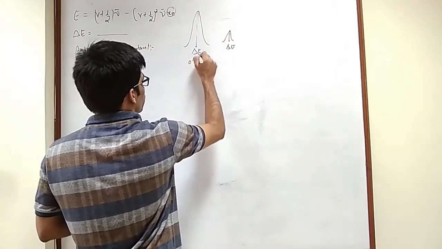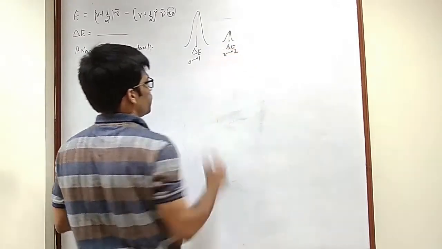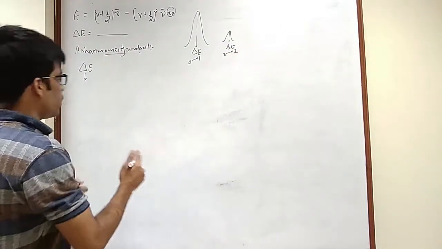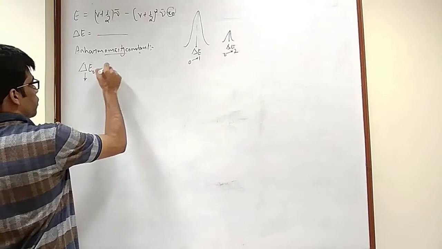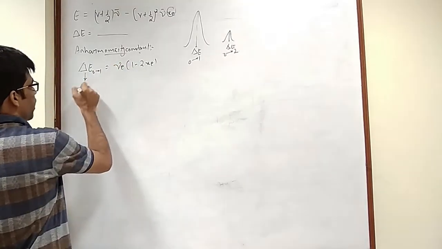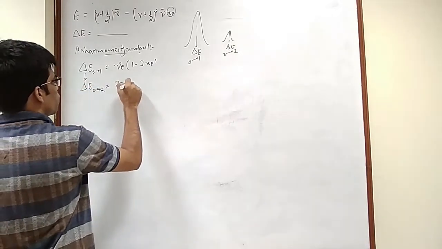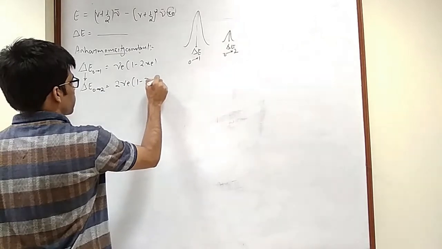Let's say this is for 0 to 1, that is the fundamental transition, and this is for 0 to 2, the first overtone. So depending on that, for 0 to 1 you would get delta E equals mu E minus 2 mu E xe, and then for 0 to 2 you will get delta E equals 2 mu E minus 6 mu E xe.